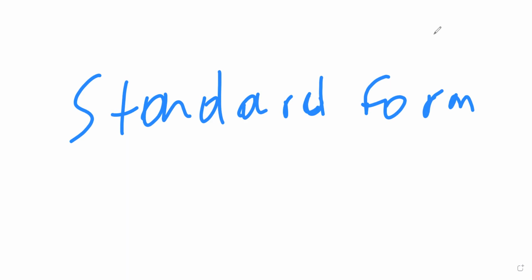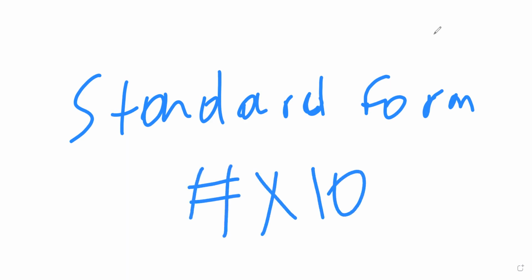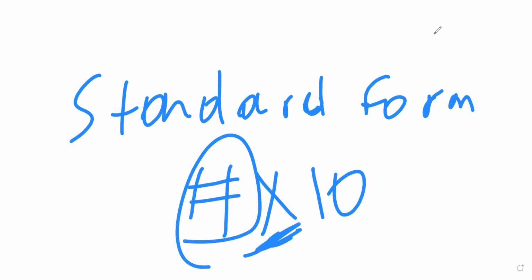So in every standard form, your answer is going to be modeled like this: you have some number multiplied by 10 raised to some power. And this power can be negative or positive depending on what kind of number, or what set of numbers, we're dealing with.